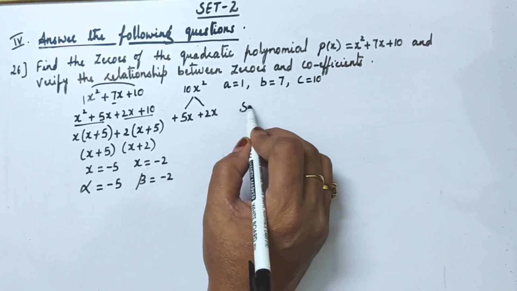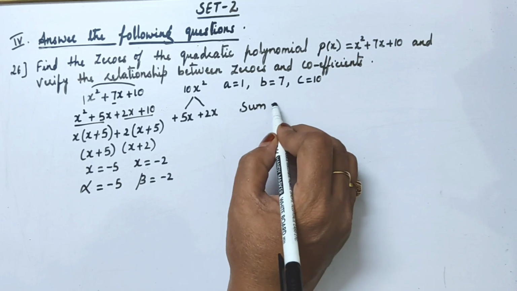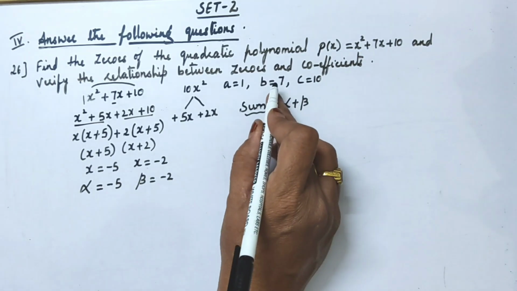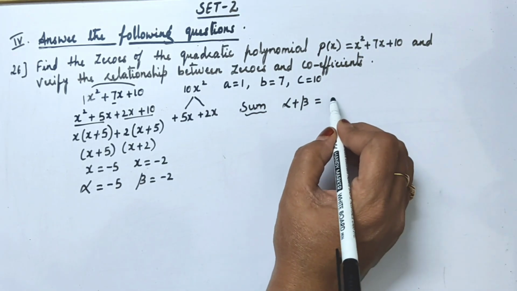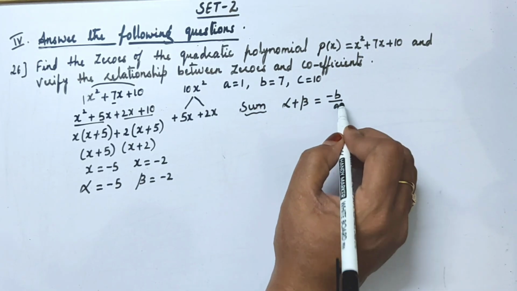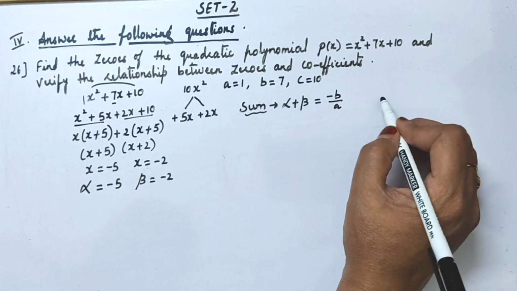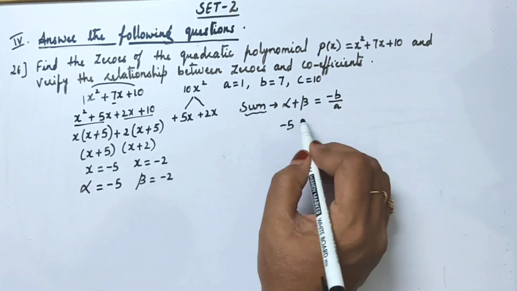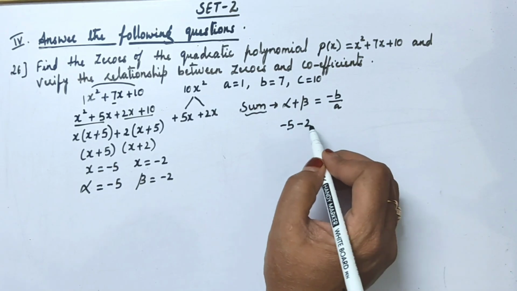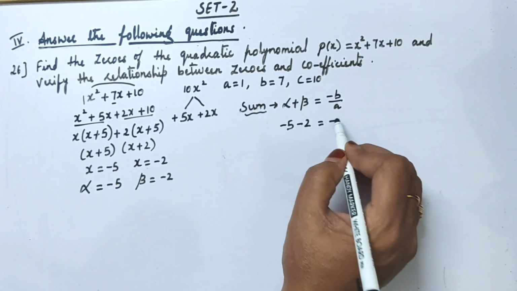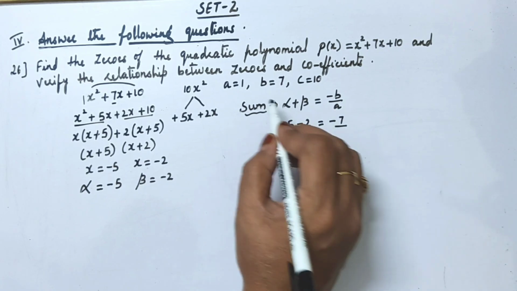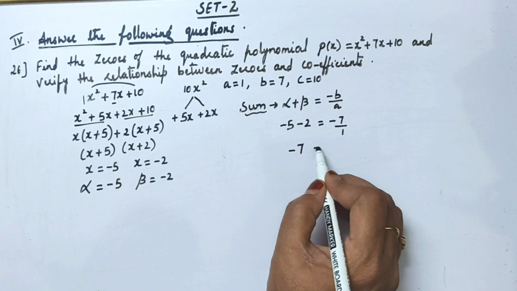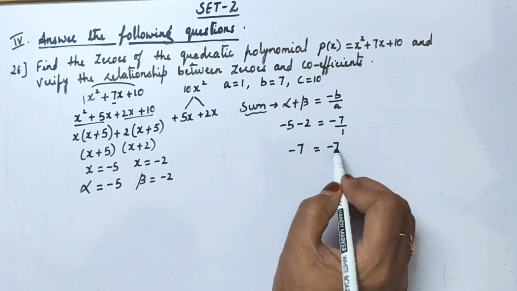Now the sum is alpha plus beta, which equals minus b by a. Here alpha is -5, plus beta value -2, equals minus b value 7 upon a value 1. Same sign, so we add with the same sign again: -7.